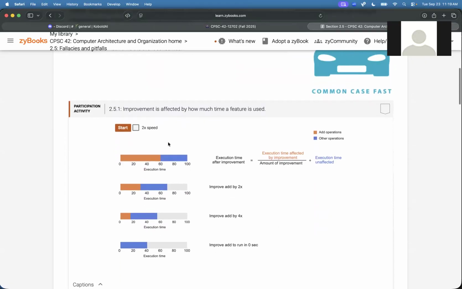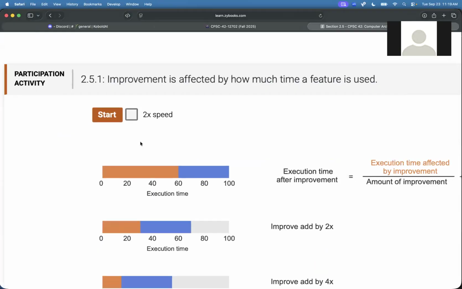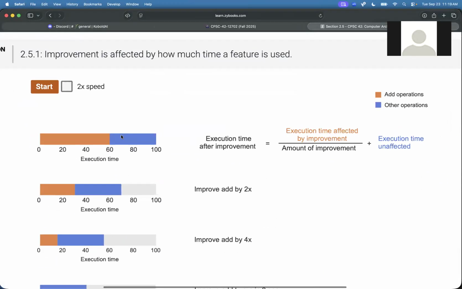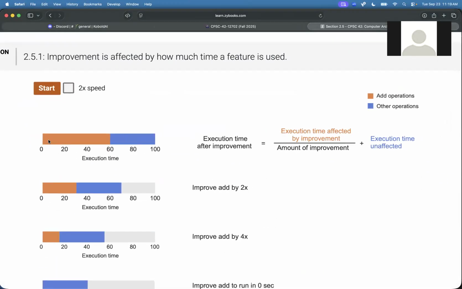So what the rule has to do with is how much of an improvement you're going to get if you are optimizing some computer code. So in this example right here, they've got kind of a picture representing the execution time of some process.